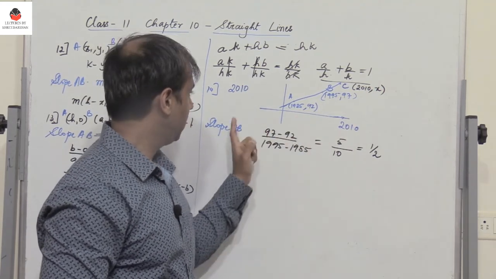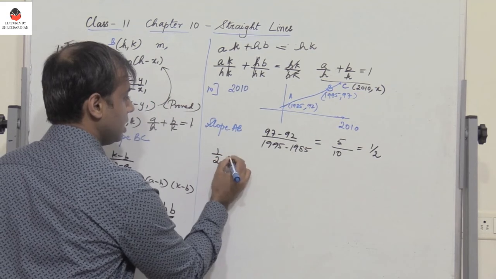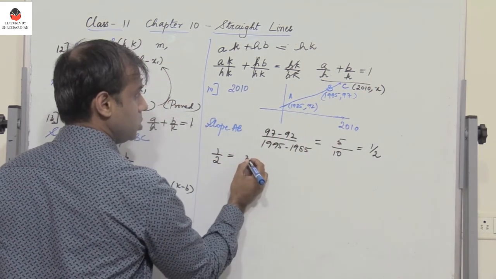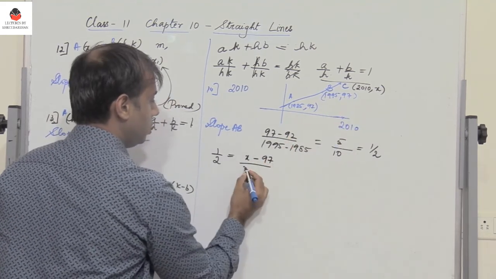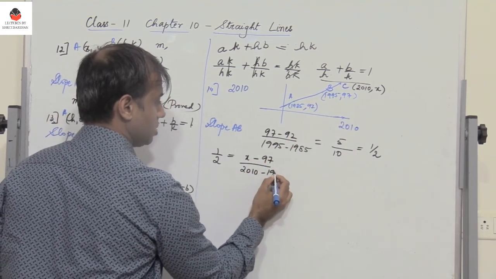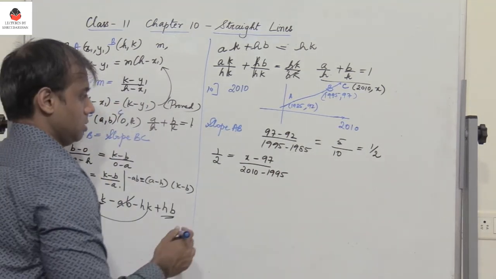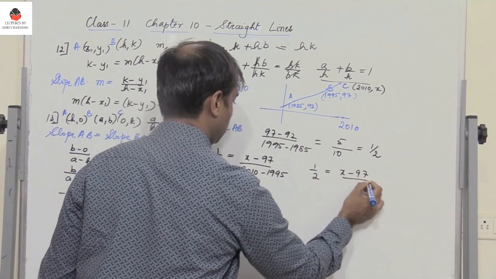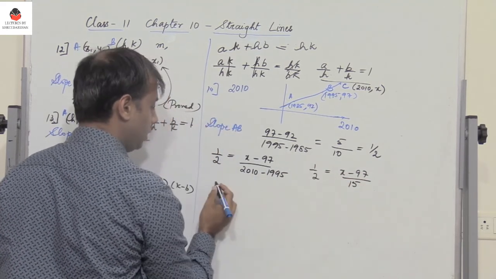So slope AB will also be equal to slope BC. So half is equal to slope BC. What is slope BC? y2 minus y1, so x minus 97 divided by 2010 minus 1995. So you get half equals x minus 97 divided by 15. So take 15 to the other side.